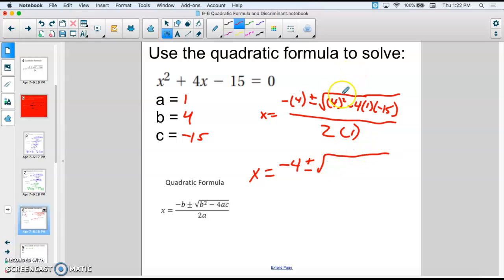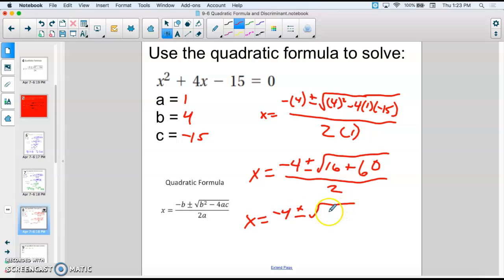Negative 4 plus or minus the square root of 4 squared, which is 16. Then negative 4 times 1 is negative 4, times negative 15 would be positive 60. All over 2. Okay, negative 4 plus or minus the square root.